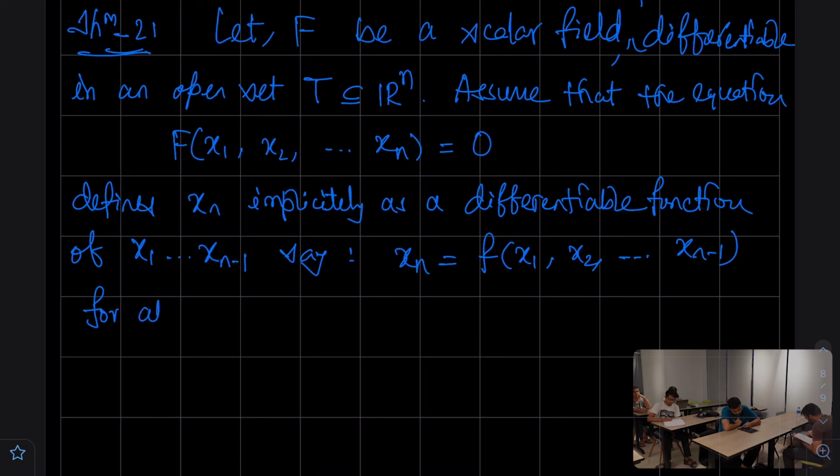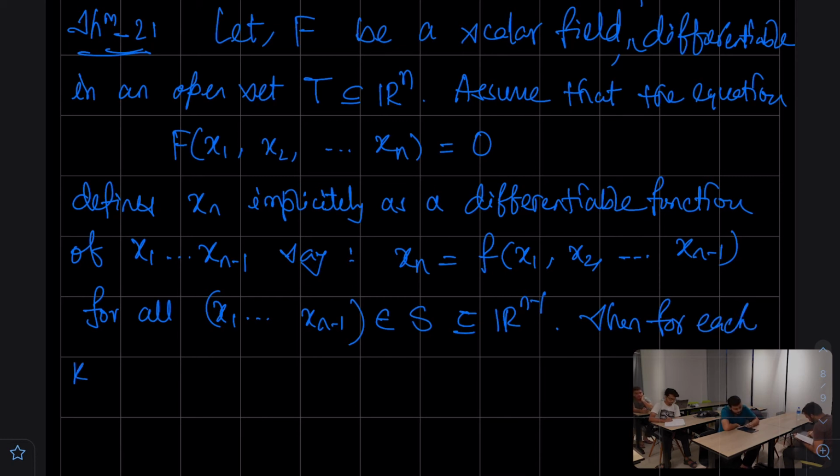For all (x1, ..., x_{n-1}) in R^{n-1}, then for each k equal to 1 to n minus 1, we have dk of f divided by dn of f. Where?